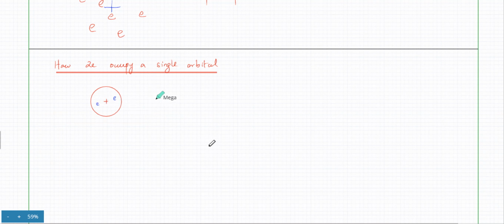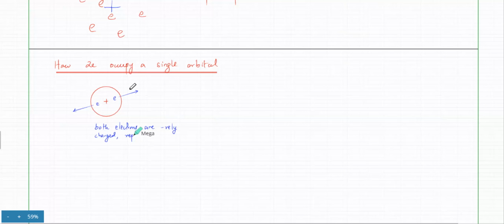Now, electrons inherently repel each other. So two electrons, technically, should not be occupying the same region because they're going to repel each other. Both electrons are negatively charged, and since both of them are negatively charged, they are going to repel each other.